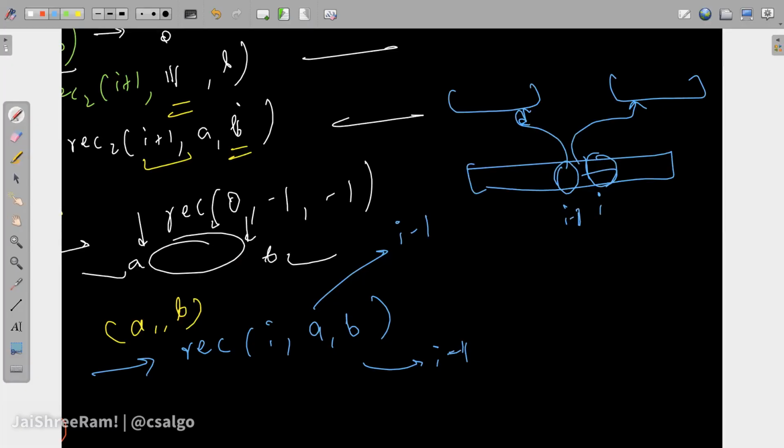Okay, so once this is understood, the final optimization is possible. I will say rec of i, some b, comma 0, where I will keep something like a 2 over here, which can take either 0 or 1. What does that mean?